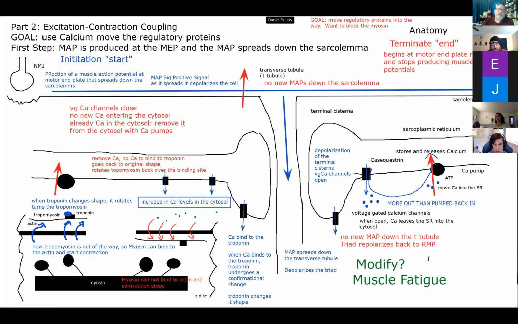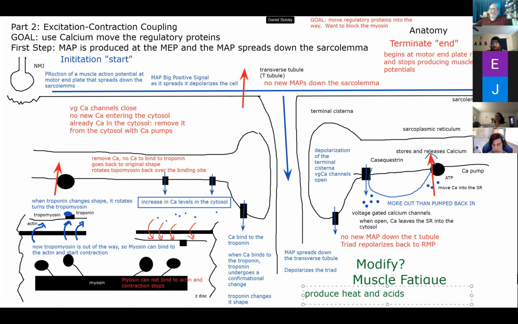But just to give you an example of how that may work, as we know, when we use a muscle, 2 things are produced. We produce heat, and especially if we are really vigorously using the muscle, we can produce some acids.